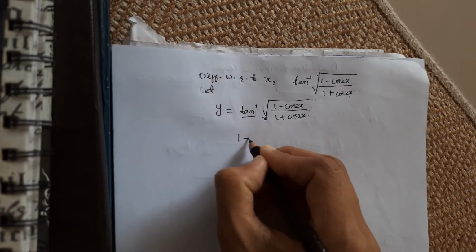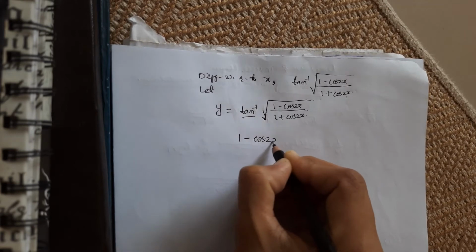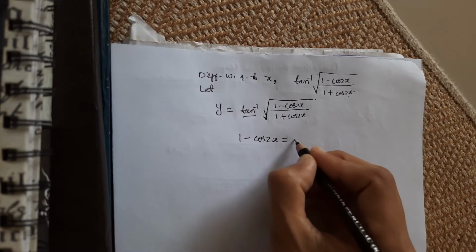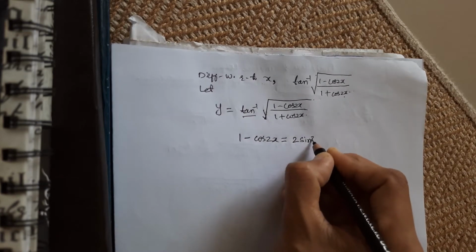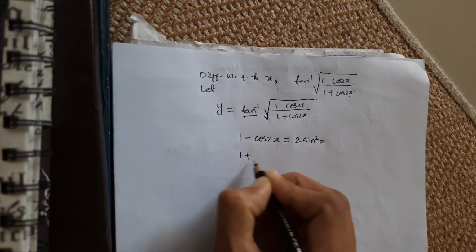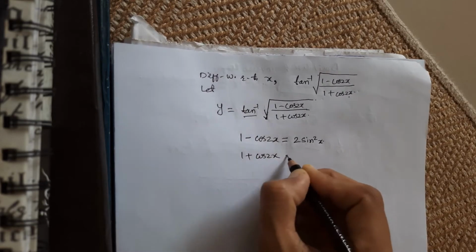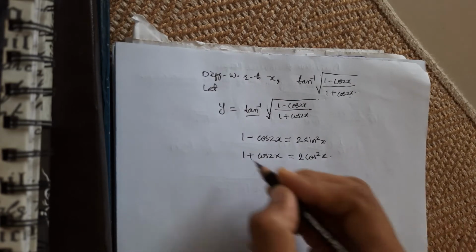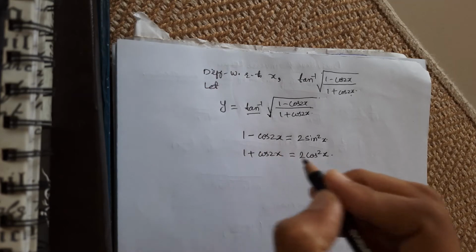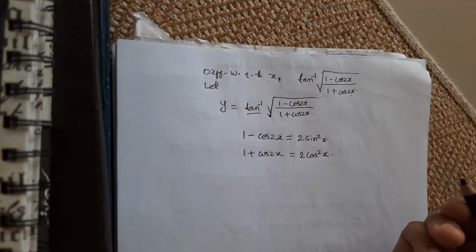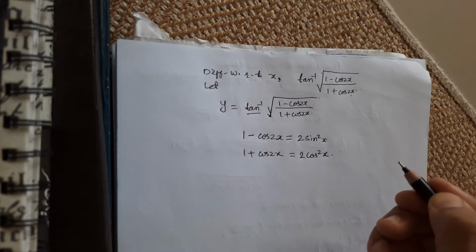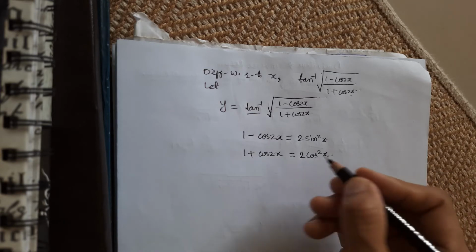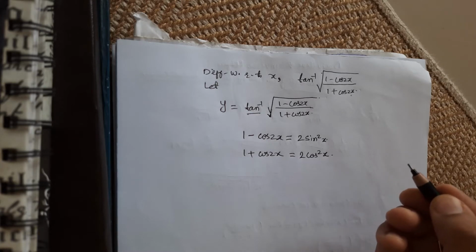So I know one formula, that 1 minus cos 2x is equal to 2 sine square x, and 1 plus cos 2x is equal to 2 cos square x. If you have any confusion regarding these formulas, just go to our lecture series. There is a lecture on trigonometric ratios. Just watch that series, and you will be more clear on these formulas.